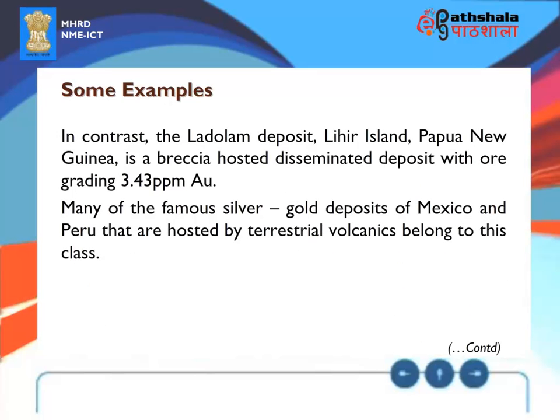In contrast, the Ladolam deposit, Lihir Island, Papua New Guinea, is a breccia-hosted disseminated deposit with ore grading 3.43 ppm gold. Most of the famous silver-gold deposits of Mexico and Peru that are hosted by terrestrial volcanics belong to this class.